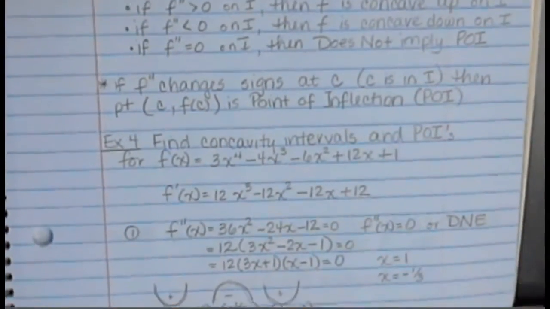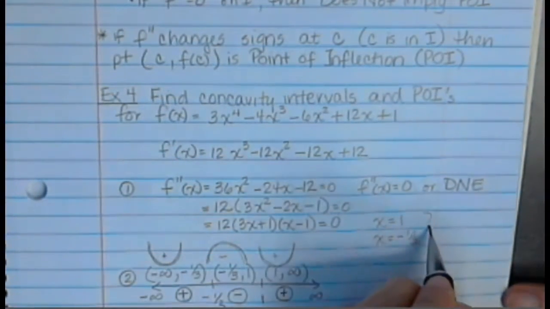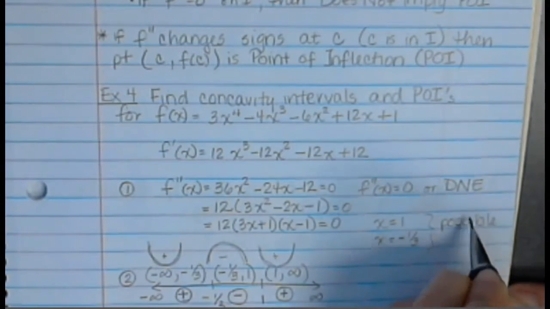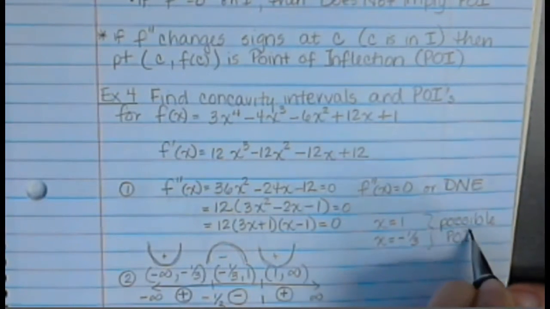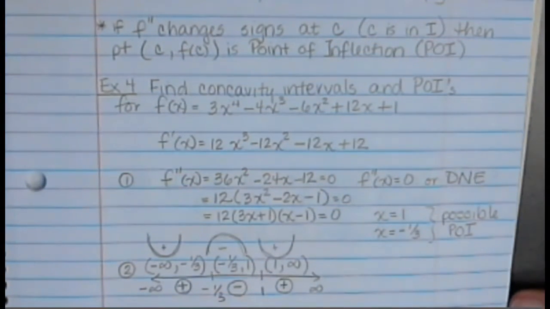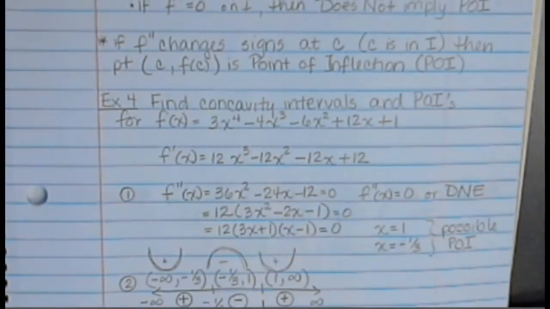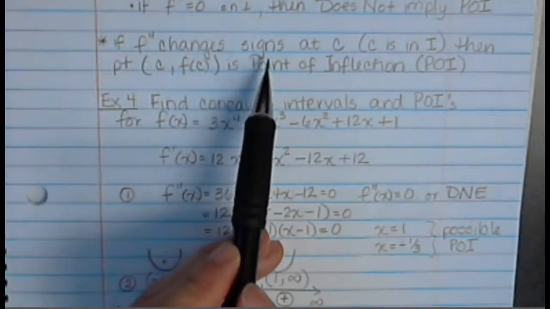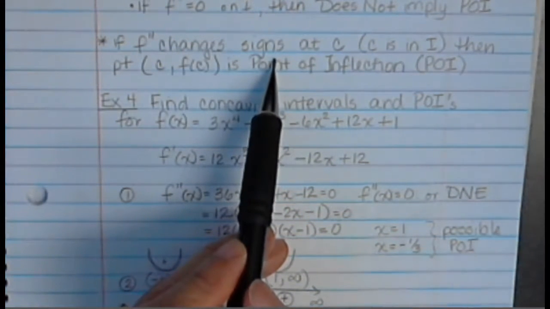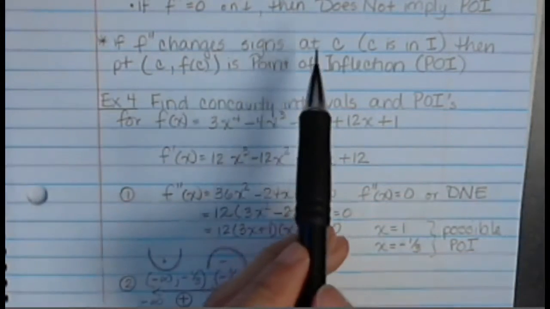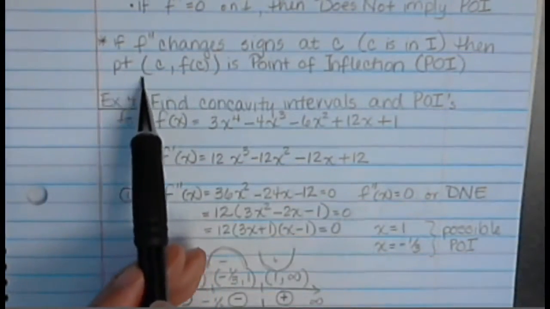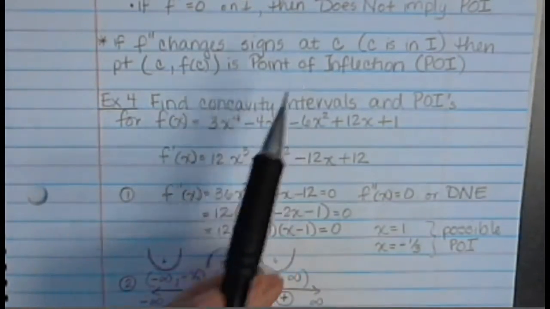So these values we found here are possible POIs, or points of inflection. And the way we determine points of inflection is right here, with an asterisk that says if double prime changes signs, whether positive to negative or negative to positive, at a particular x value, then we find that that point is a point of inflection.